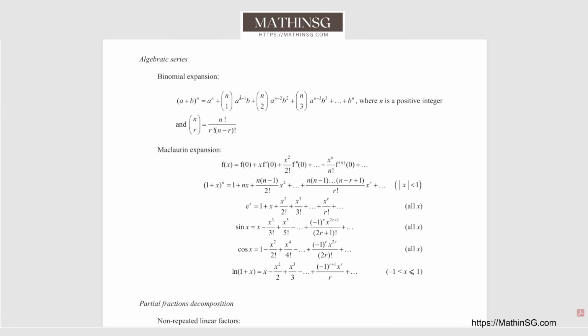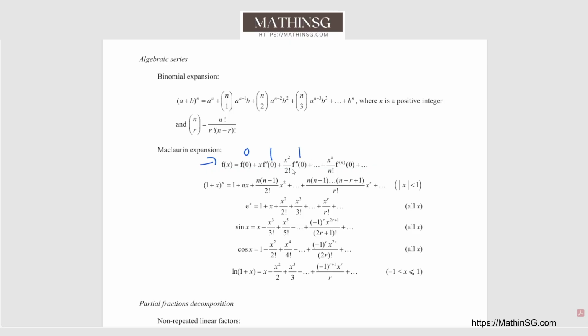Just go to your formula list and make use of this. I already found that when x is 0, f(0), my y, is 0, then f'(0), the value of dy/dx when x is 0, is 1. Then this is the value of d²y/dx² when x is 0, which is also 1.